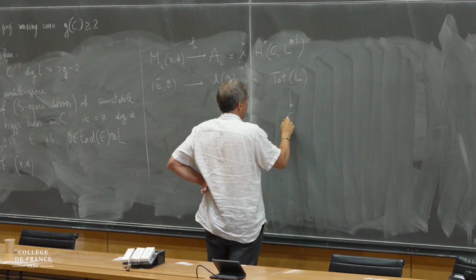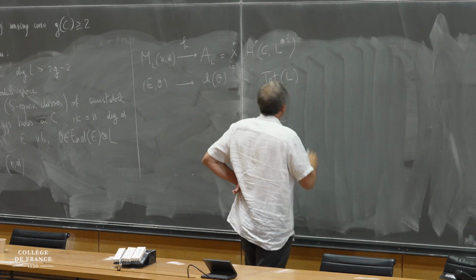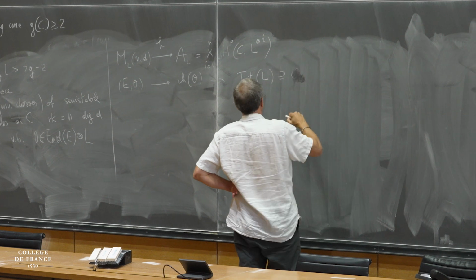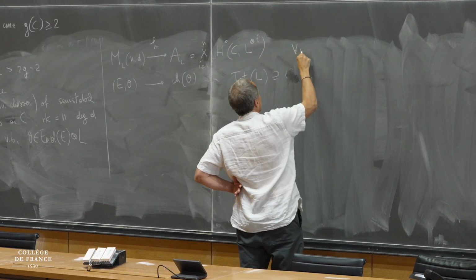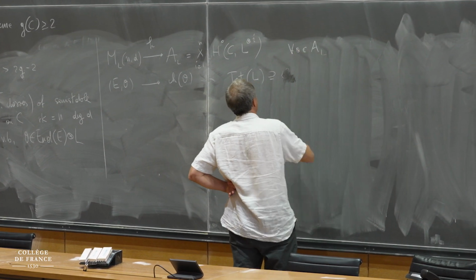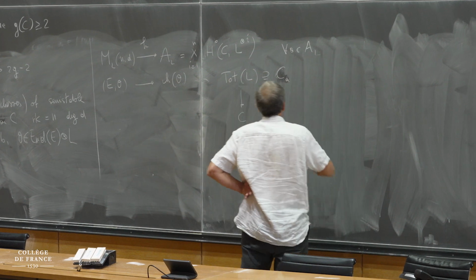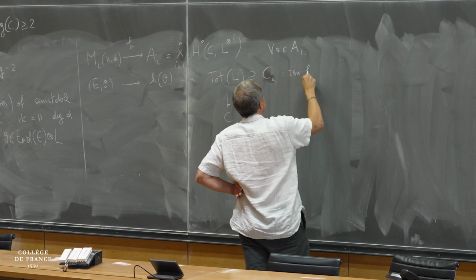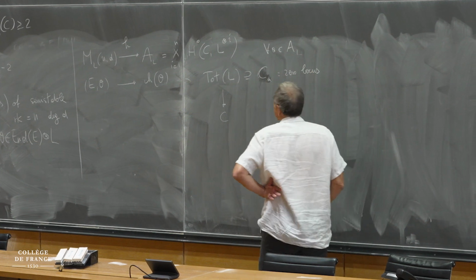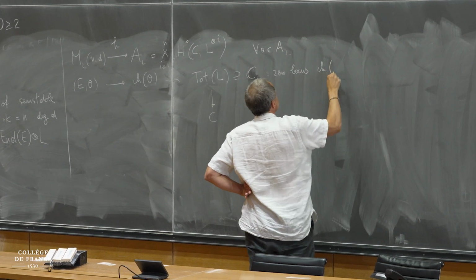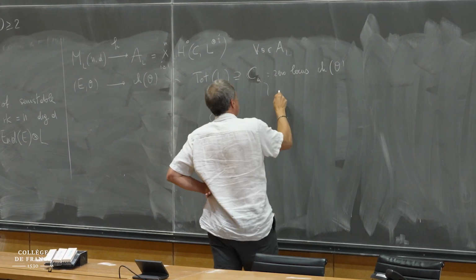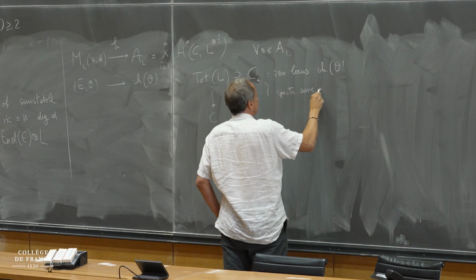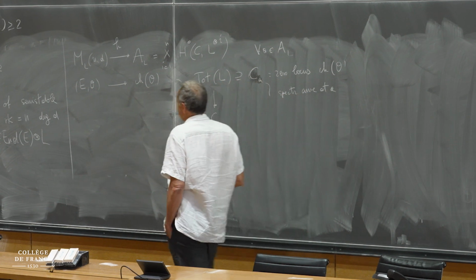So we have the total space of L, which is a surface, and inside it, for every a in the base, we have C_a, the zero locus of the characteristic polynomial. This is called the spectral curve at a.